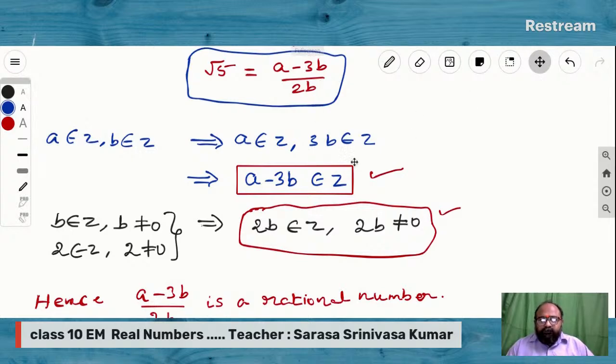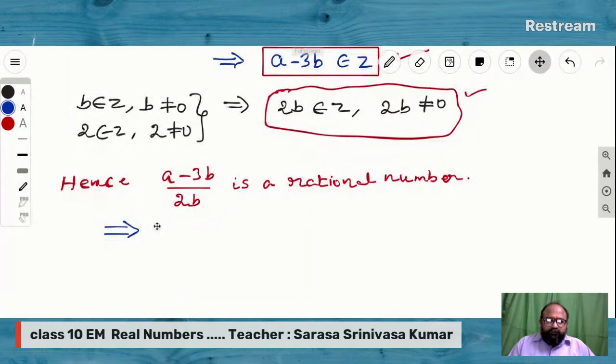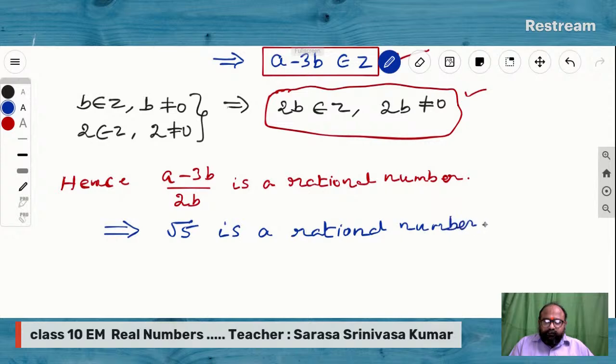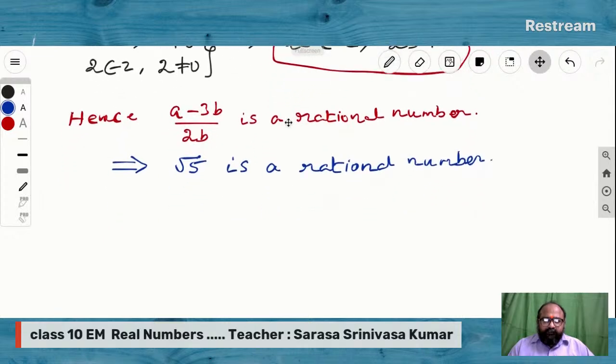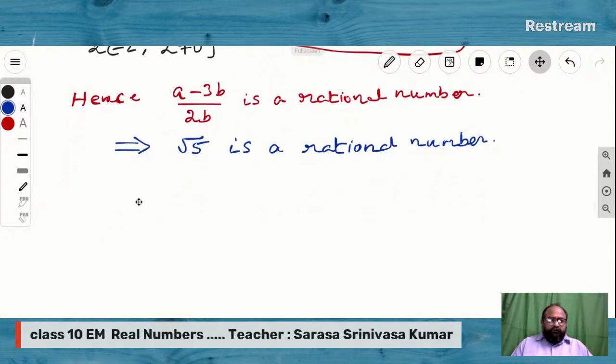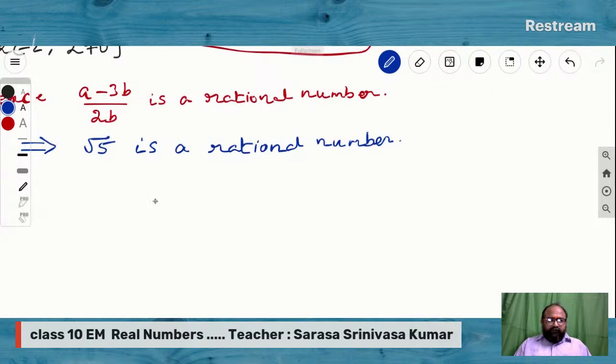So from this we got that the square root of 5 is a rational number. This is what we got from the mathematical reasoning. Now, we have already proved that square root of 5 is an irrational number. We know this property.